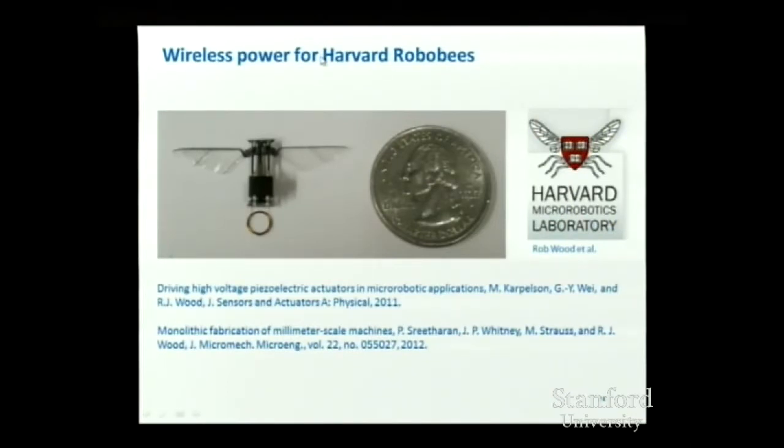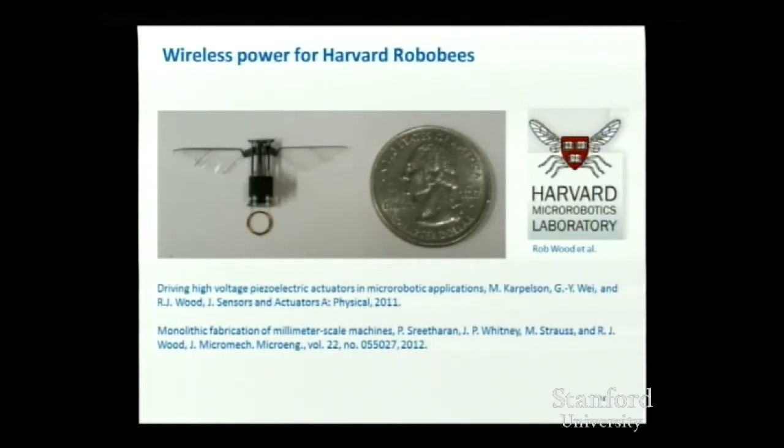We're collaborating with Rob Wood at Harvard to try to wirelessly power their robo-bees. That group is creating robotic bees using a new kind of mesoscale fabrication technique. But if you look in their videos, there are always, at least so far, fine wires coming in that are providing the power to operate the bee.